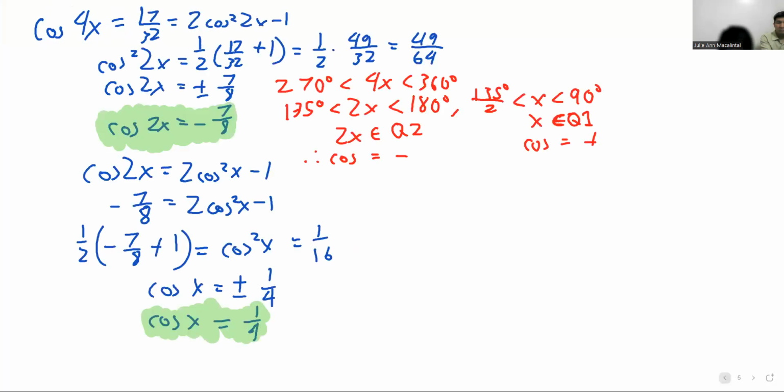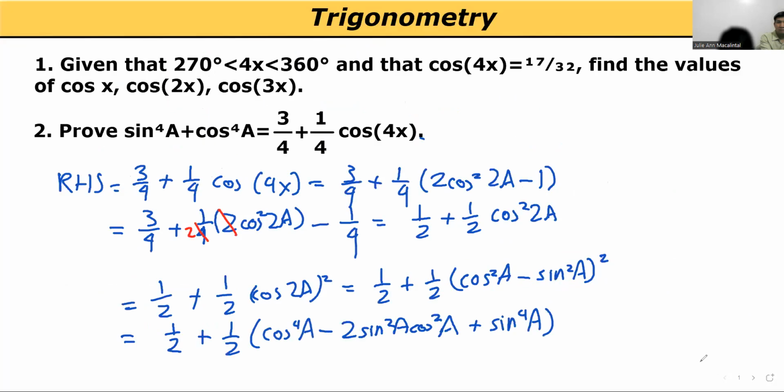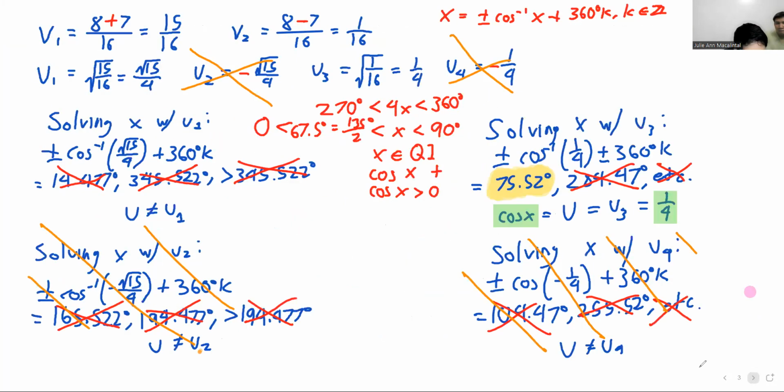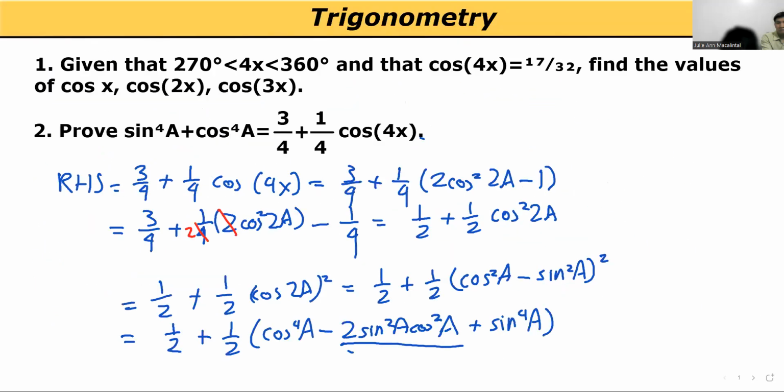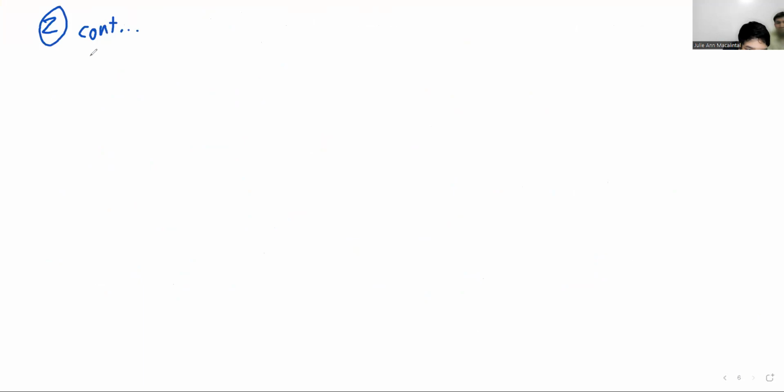So, where are we? Isolate this term. One half plus 1/2. I will put it over the 2.